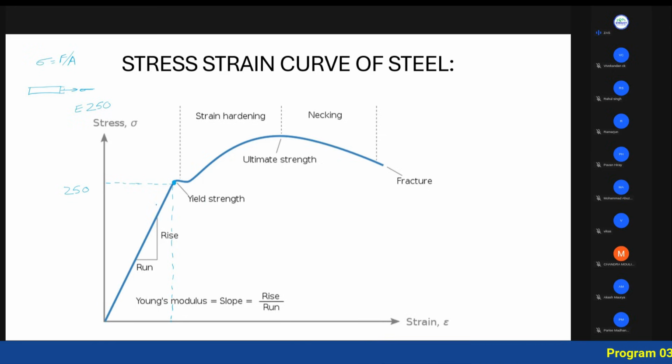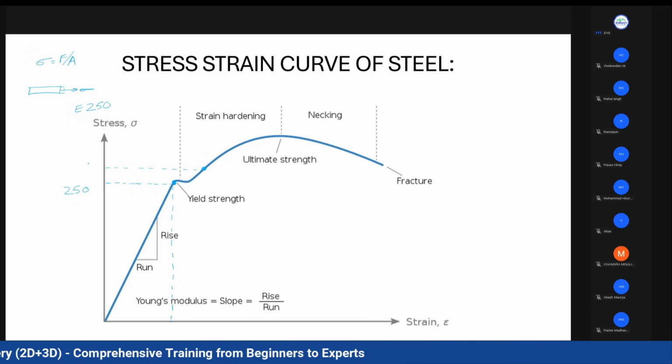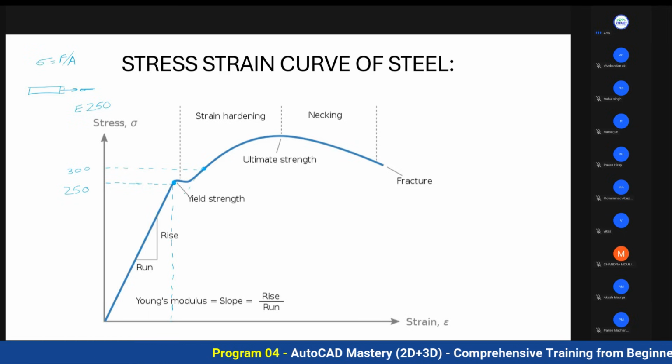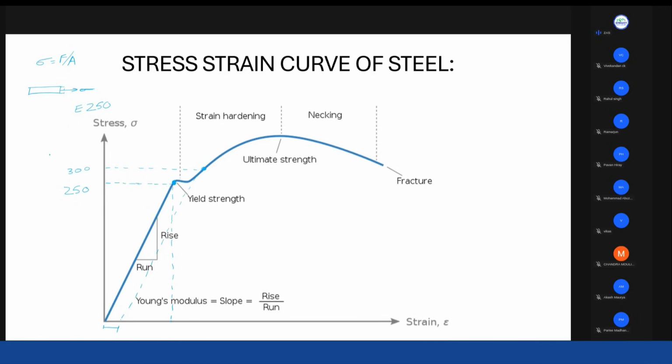When you apply a stress of 250 and you remove that force, again your member will come back to its original shape. But if you go on increasing the force, maybe you go up to this point. Let's assume this point to be around 300. Now when you remove back the force, there will be certain permanent change in your member.